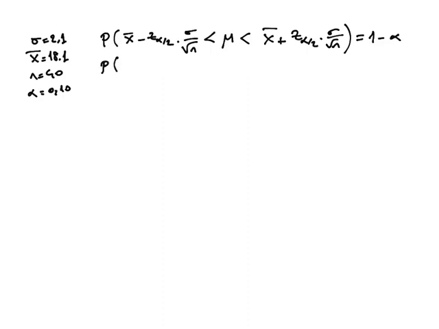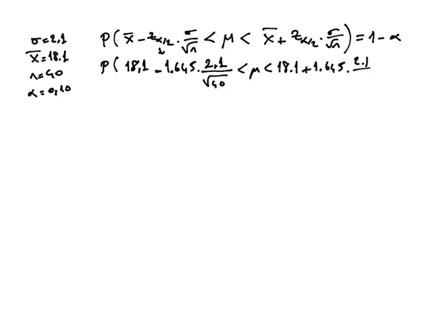So if we put these values in the formula, we have already found it, times 2.1 over square root of 40, less than mu, less than 18.1 plus this.